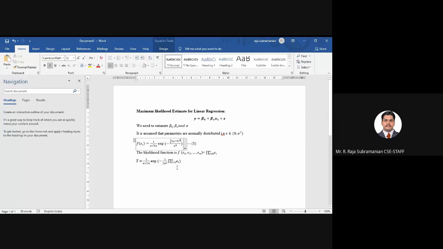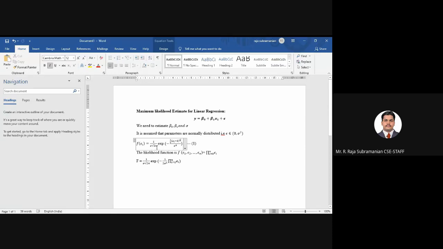This formula is nothing but the normal distribution formula. We have the binomial distribution, Poisson distribution, Bernoulli distribution. Many distributions are available. You would have studied them, right? So I'm just using the normal distribution formula, that is f of x. F of x is nothing but the distribution of the indicator variable. Here my indicator variable is nothing but epsilon. So I take f of epsilon i equals 1 by sigma root 2 pi.